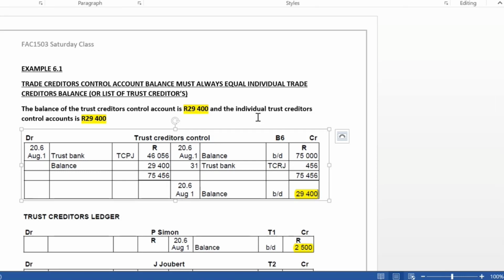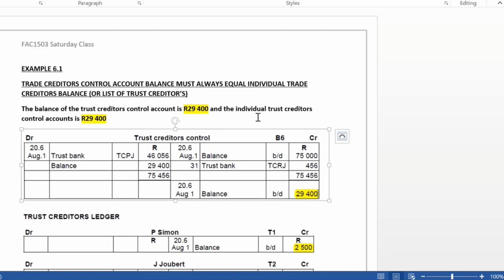So the general ledger accounts would be debit trust bank with 29,400 and credit trust creditors control account with 29,400. Are you with me, guys?